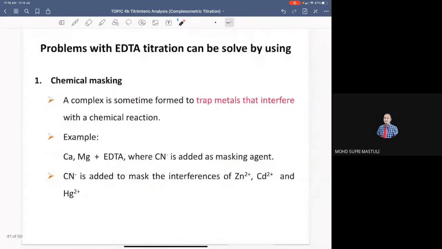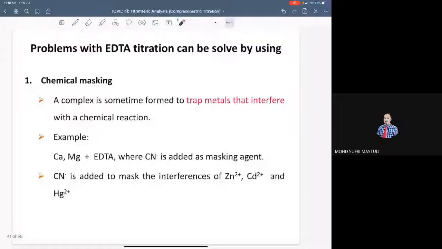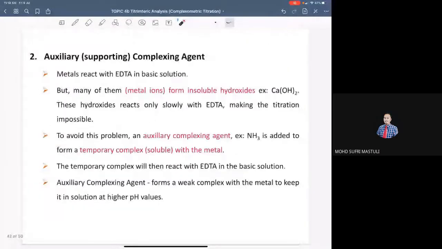Another way to overcome the problem with the EDTA titration is by using an auxiliary complexing agent. We know that in basic solution, the metal will react with EDTA.